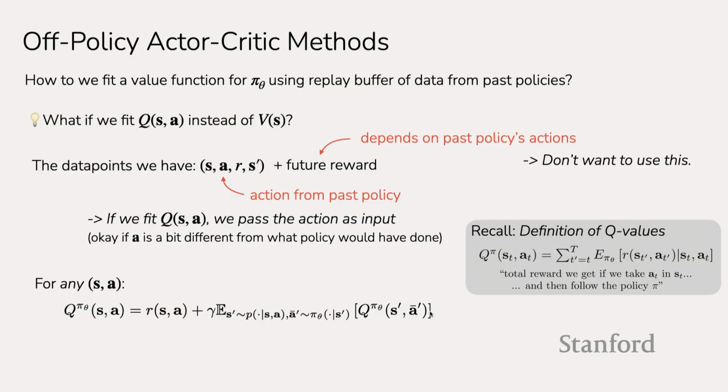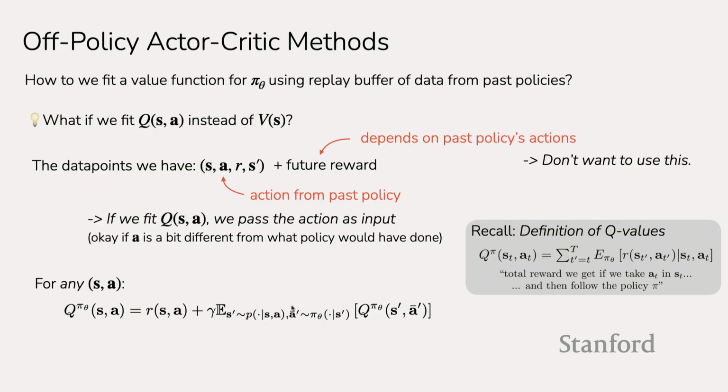The thing that we've done here is that if we represent this Q in terms of Q for our current policy, this second term is actually not using the future data at all. We will be using the S prime from the data, but not anything after S prime. In particular, we're using our bootstrapped estimate of Q at the next time step.